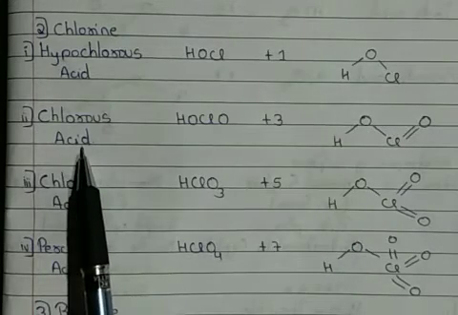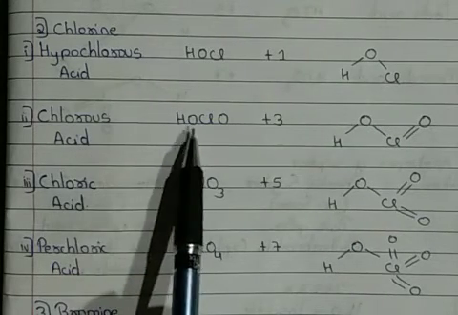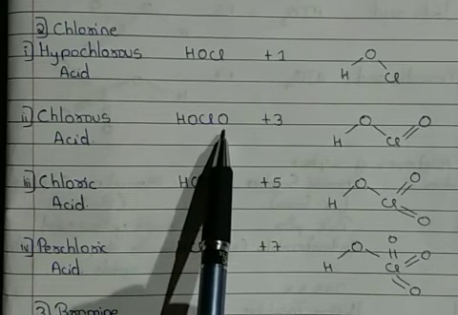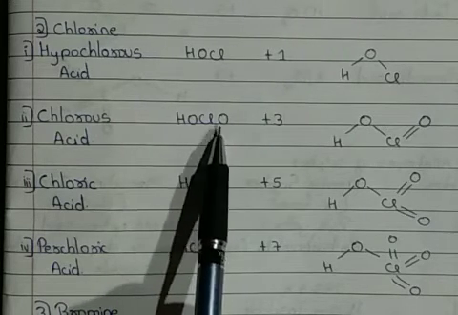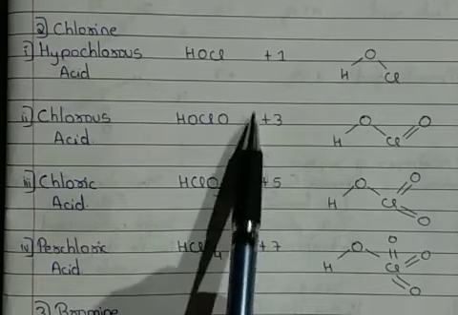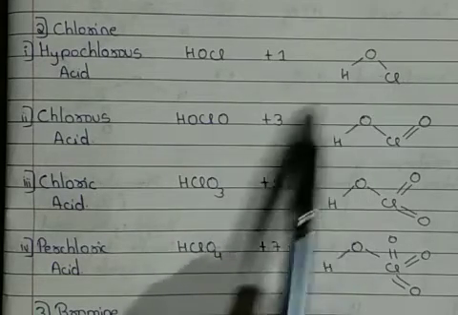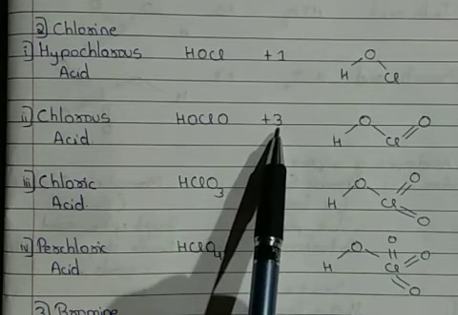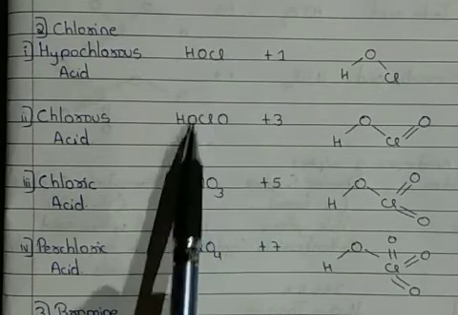The next is chlorous acid, having a formula HOClO, or sometimes also it is written as HClO2. Both mean the same. In this, chlorine's oxidation state will be +3. For the oxidation state, even if you remember the structure, you could easily write down their oxidation states, or you can remember the formula.